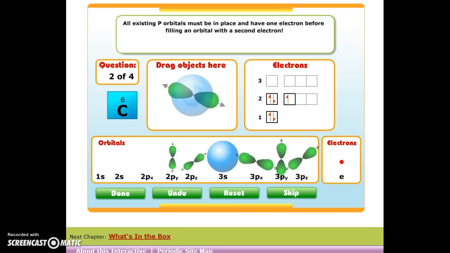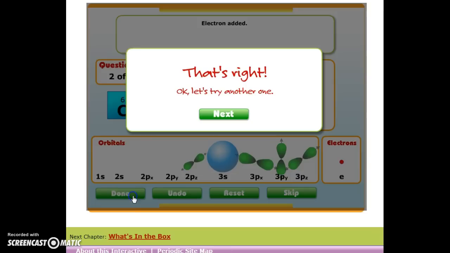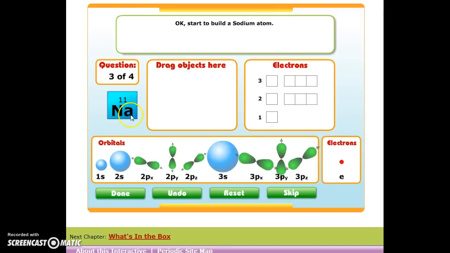Well, because the electrons will fill up single first and then pair up. That's Hund's rule. So it's going to go in a different p orbital. So now we have 6. They don't pair up. Remember, they're both negatively charged, so they don't want to be paired together. They're going to be as far away from each other as possible. So we're done with that. We have 6 placed.